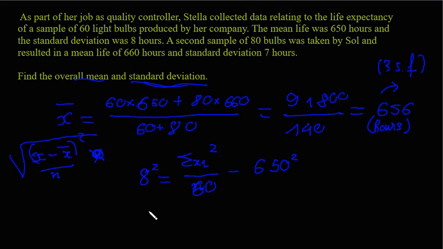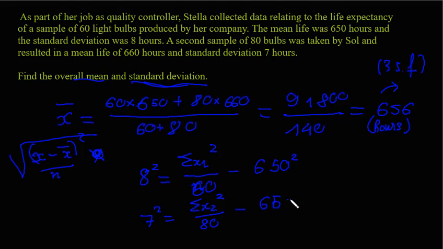And for the second sample of 80 bulbs, 7 square equals the sum of x2 square, where I denote them as the values of the second sample squared, over 80 minus 660 square.